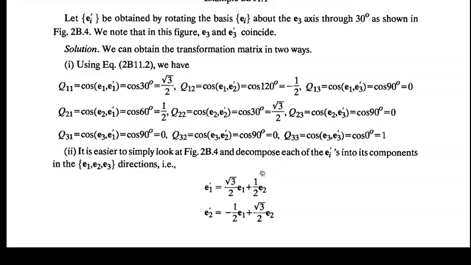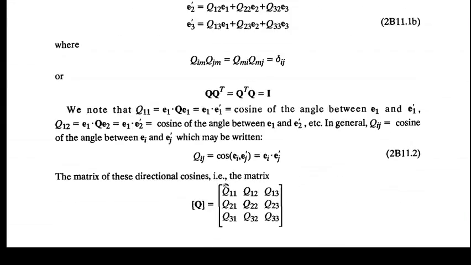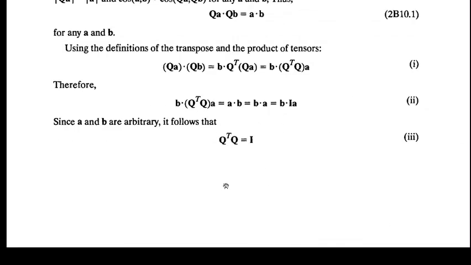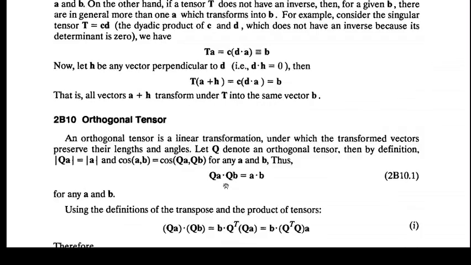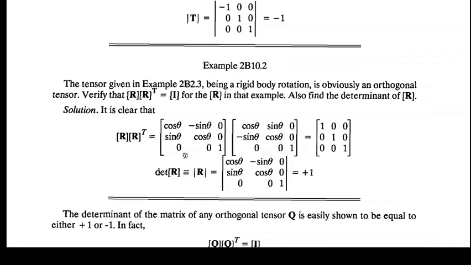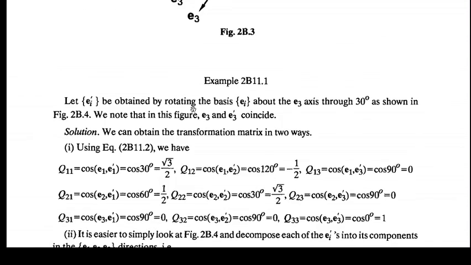You can use the relation directly, taking that matrix Q from the previous example 2.3, in which you can see that E1 dash, which is RE1, will be equal to cosine theta E1 plus sine theta E2, and here E2 dash is minus sine theta E1 plus cosine theta E2.